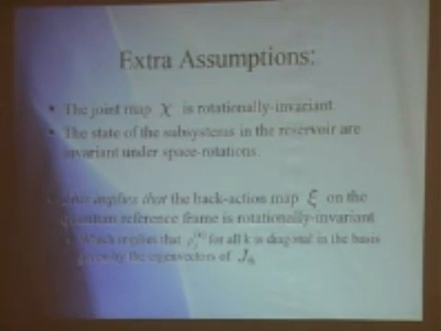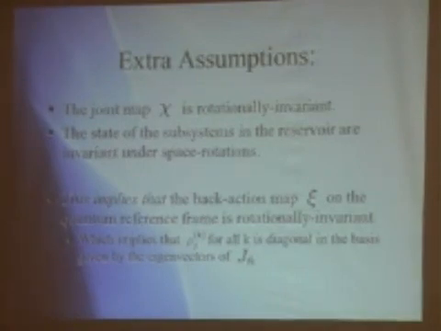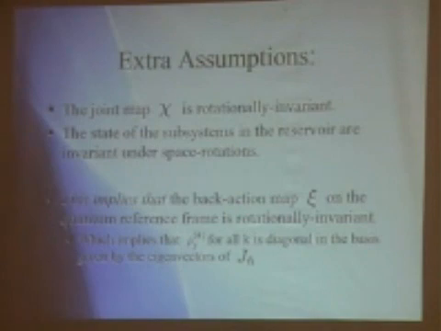Now, the fact that the map applied to the quantum reference frame is covariant with respect to SU(2) implies that all the new quantum reference frame states we're going to have will also be diagonal in the basis given by the eigenvectors of the angular momentum in the n direction. Remember that the initial state had this property.